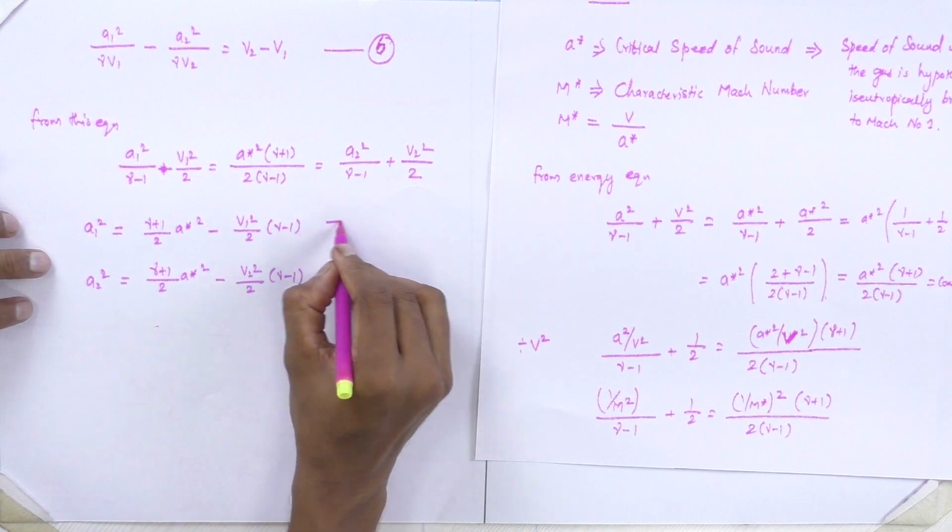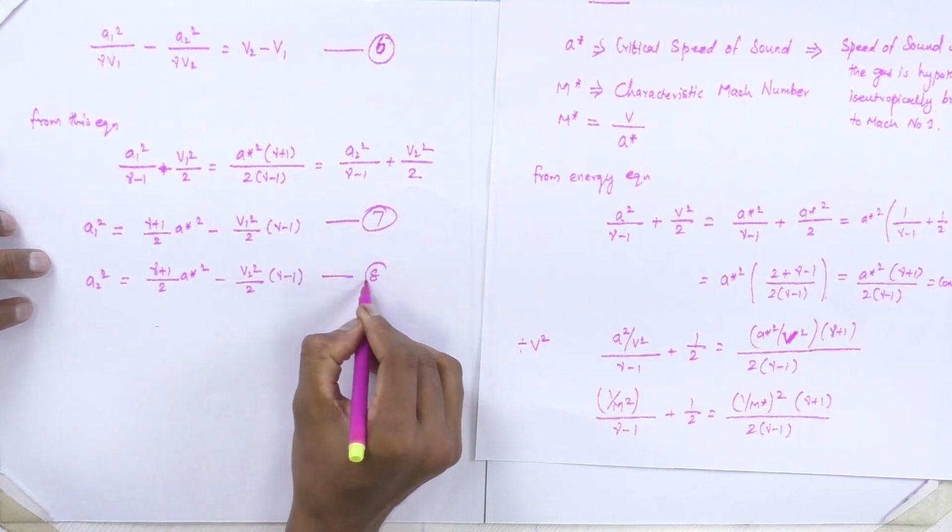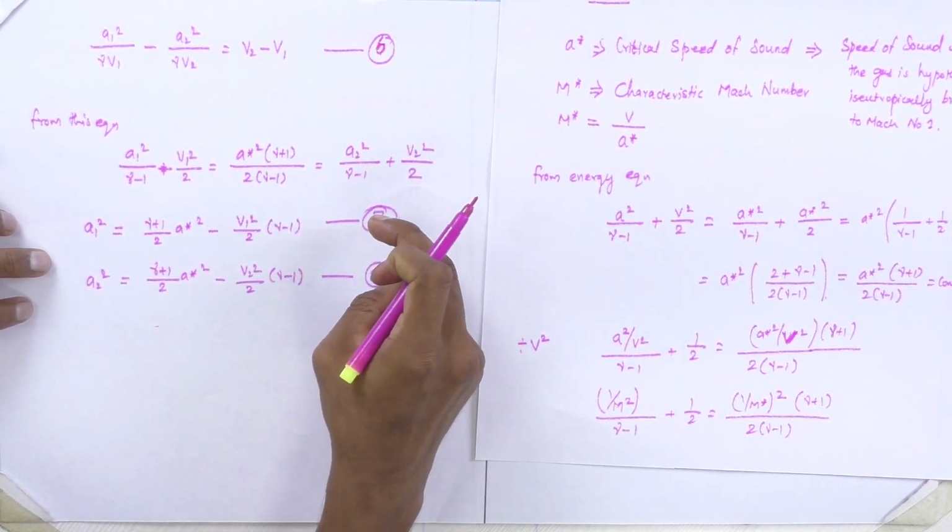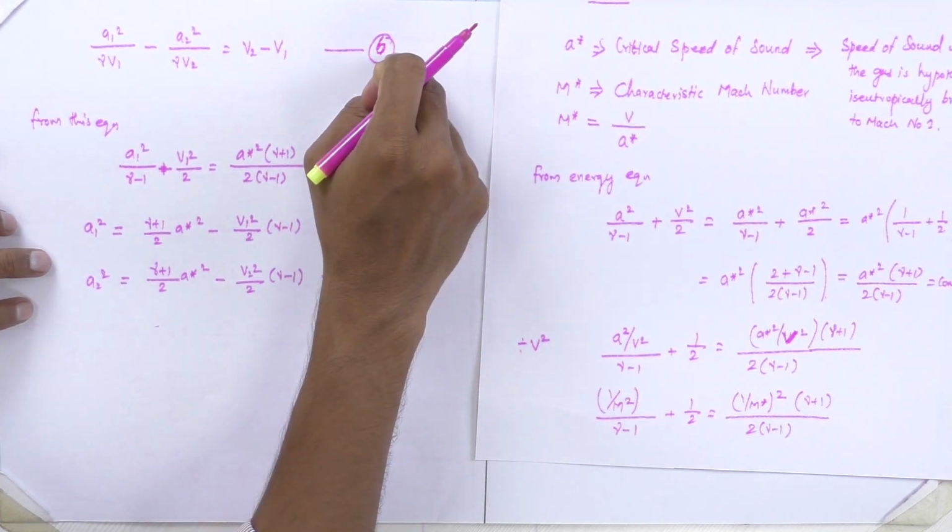Let's say this is equation number 7 and this is equation number 8. Now substitute equation number 7 and 8 in equation number 6.